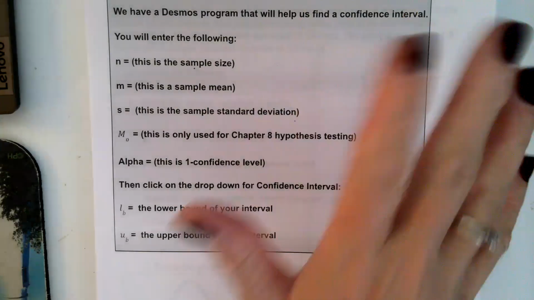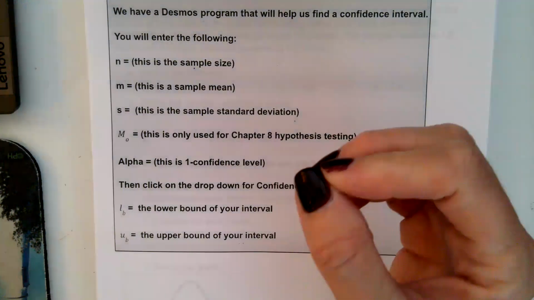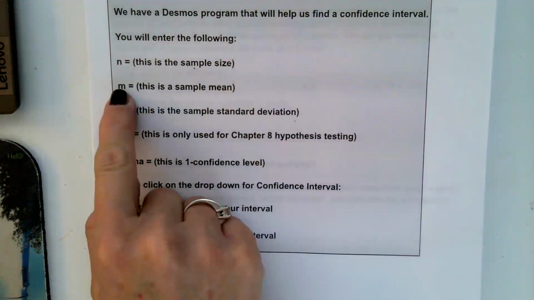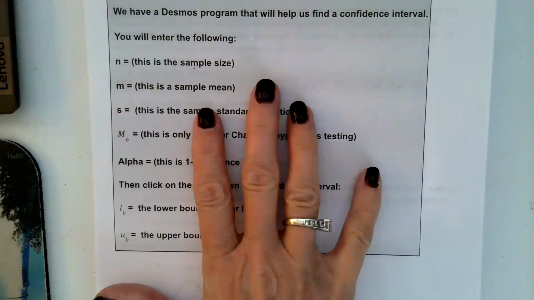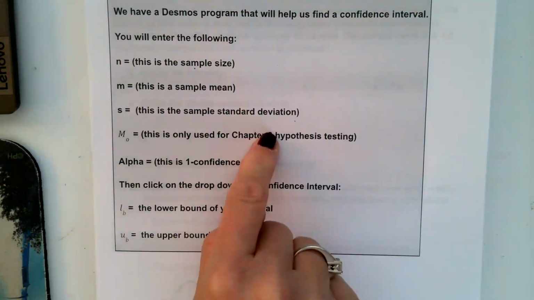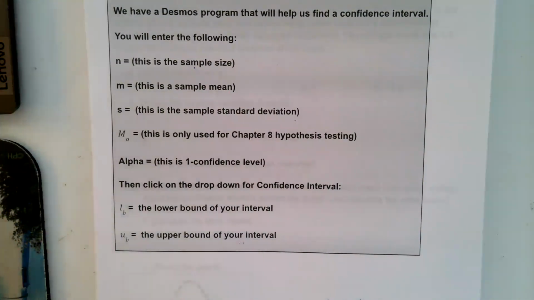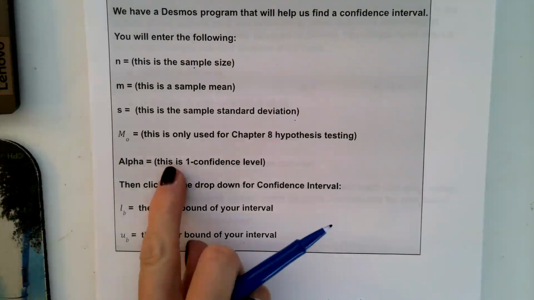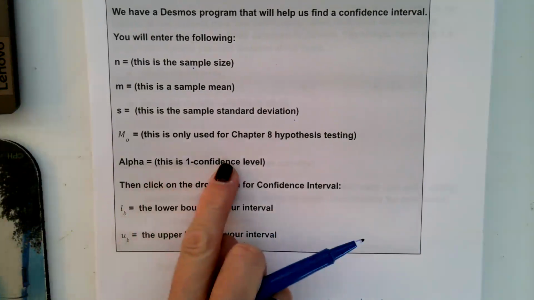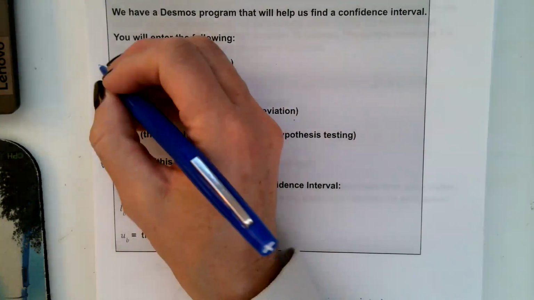If you're given raw data, then you're going to do it the other way I just showed you. If I'm giving you the sample mean and sample standard deviation, you can just put it into this program. You don't need to enter the M0. That's only going to be in chapter 8. You do need to enter the alpha. So your alpha is going to be 1 minus your confidence level. So these are the things that you will enter yourself right here.